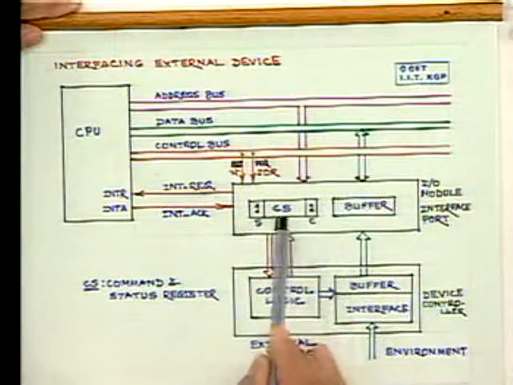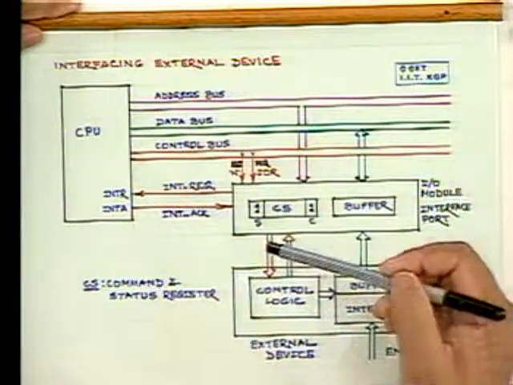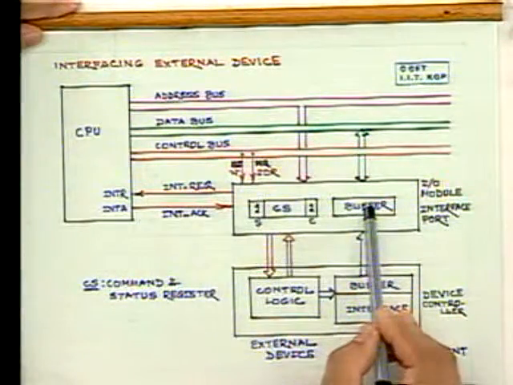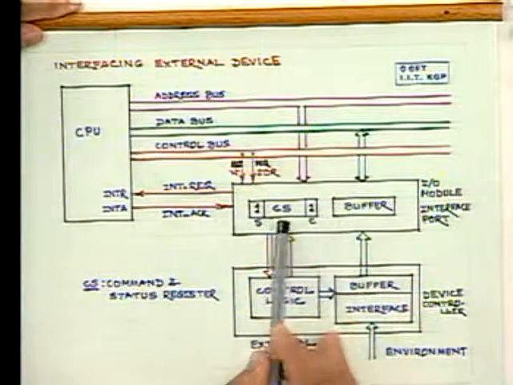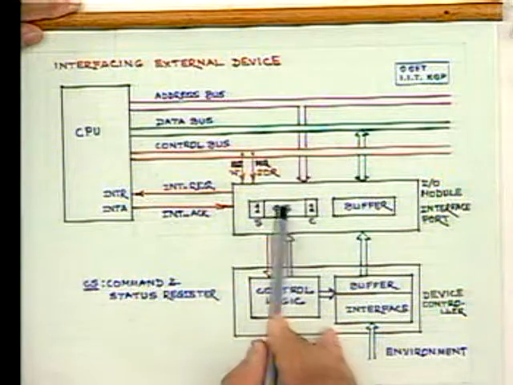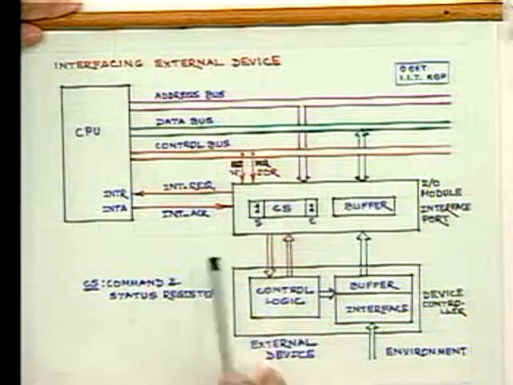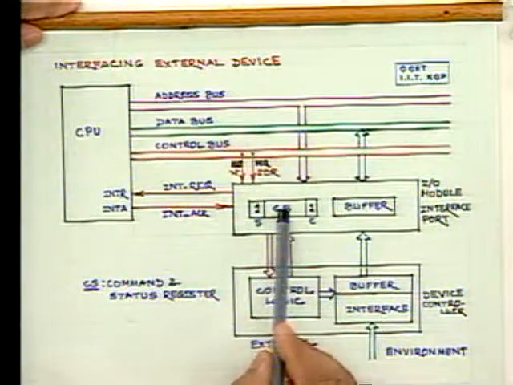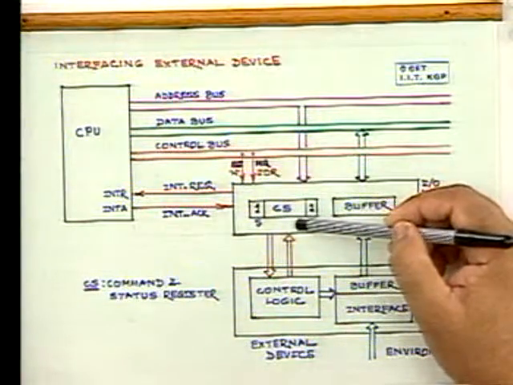Therefore, there may be a separate command register. Similarly, the status register also can be a separate one, because apart from the data that is put into the buffer, the status of the read or write, or search or seek, is put into the status register as a combination of bits. And if there is an error, that error condition is also put into the status register as a combination of bits. That is why sometimes the command and status registers may be different.